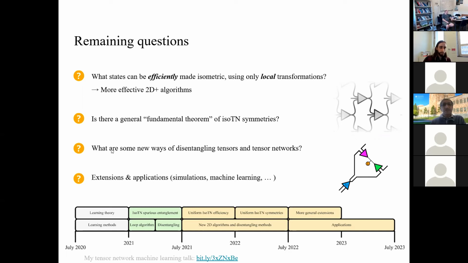Extending that, potentially. Looking for some new ways of disentangling tensors and tensor networks to overcome this problem of current methods. And extensions and applications to actually simulating quantum systems and machine learning and everything else I showed on the application slide, potentially.